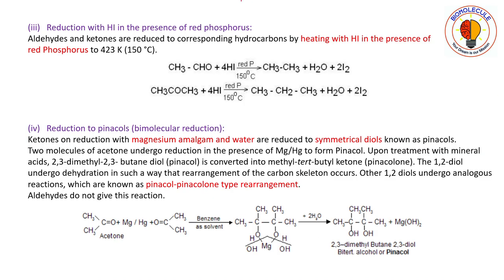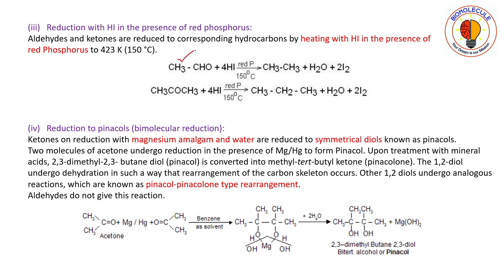Now moving on to the third method, reduction with hydrogen iodide in the presence of red phosphorus. Aldehydes and ketones are reduced to the corresponding hydrocarbons by heating with hydrogen iodide in the presence of red phosphorus to 423 Kelvin, that is 150 degrees Celsius.